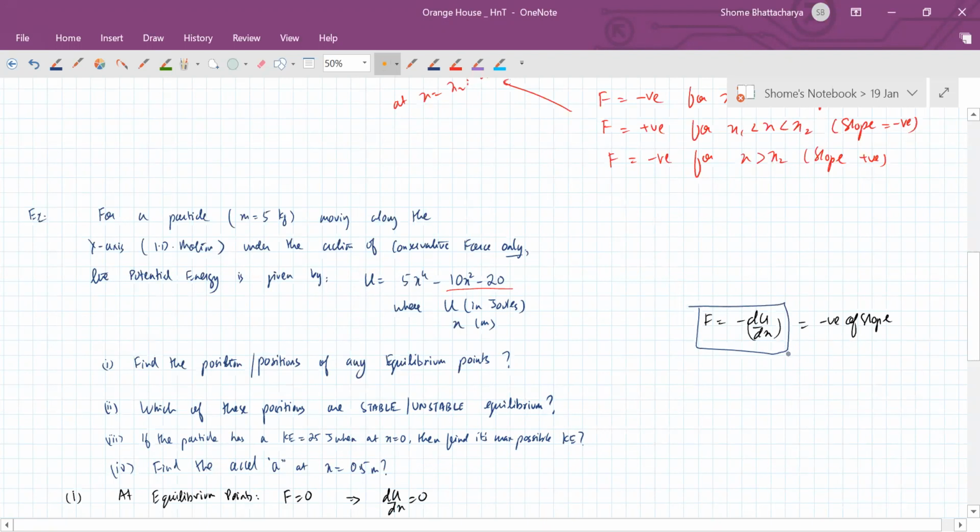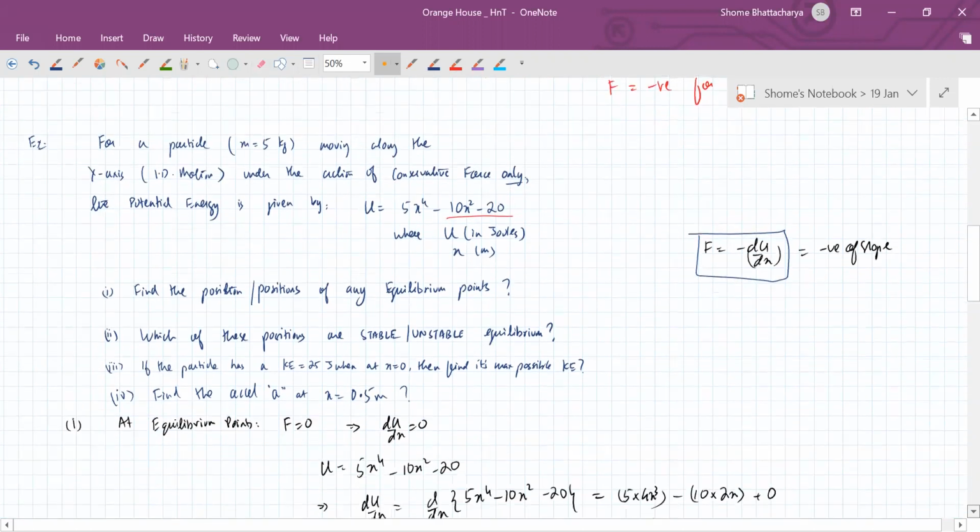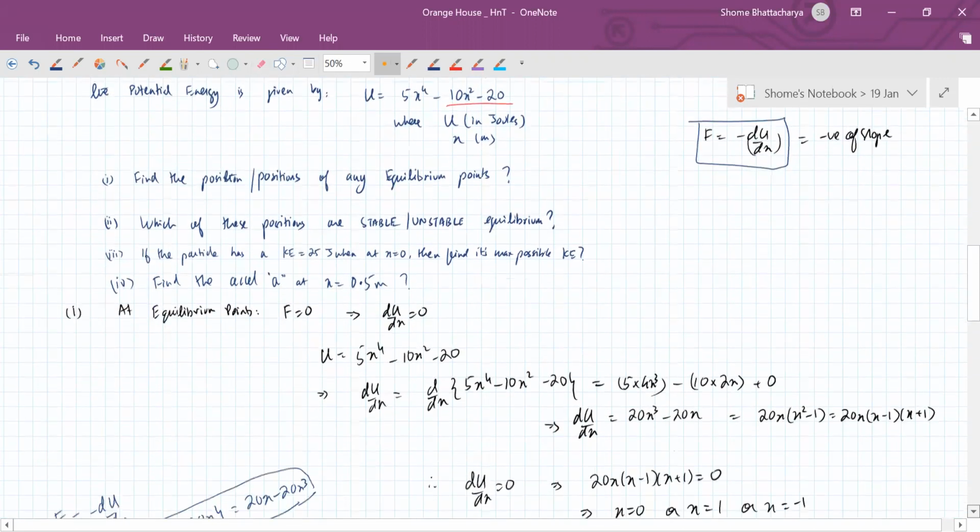We'll calculate the value of minus du by dx at the point x equal to 0.5, and from that we'll get the value of force. Okay, but so far in this question, in the first two parts, we are just concerned with the equilibrium points, stable and unstable equilibrium points. So we have to accordingly calculate this.